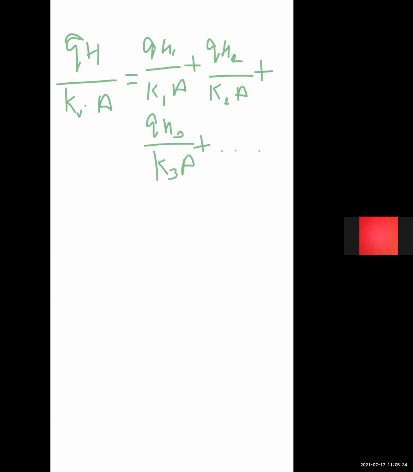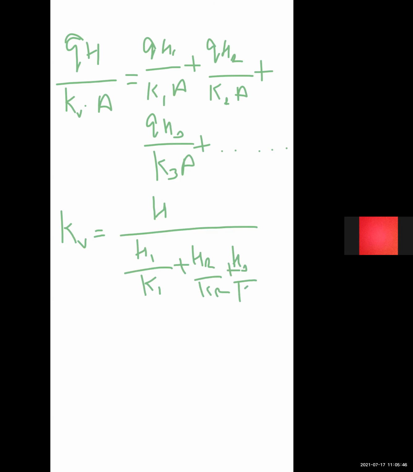So KV equal to H divided by H1 divided by K1 plus H2 divided by K2 plus H3 divided by K3 plus so on.